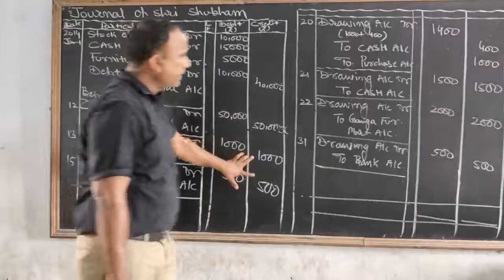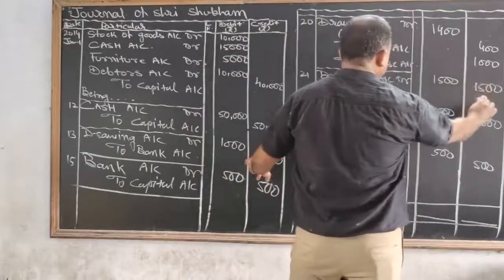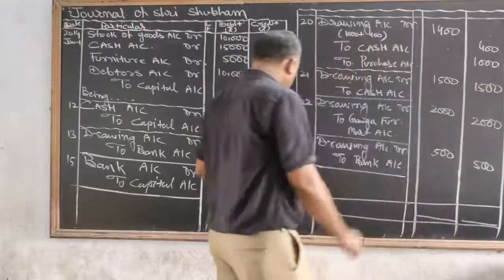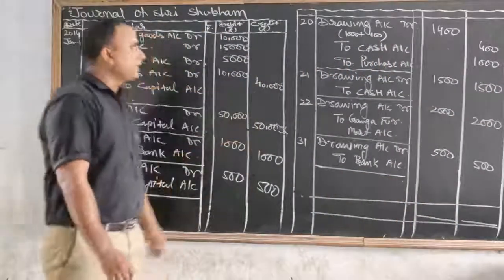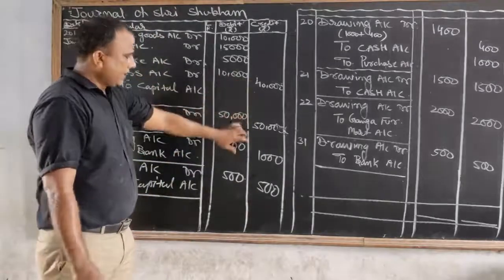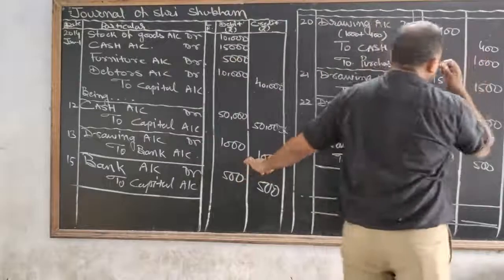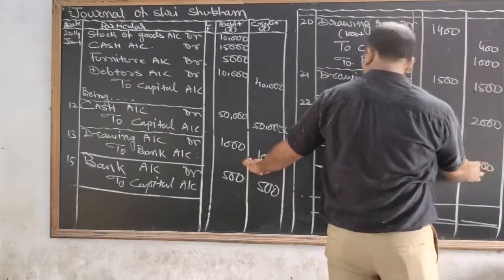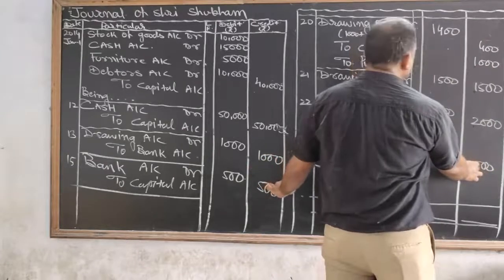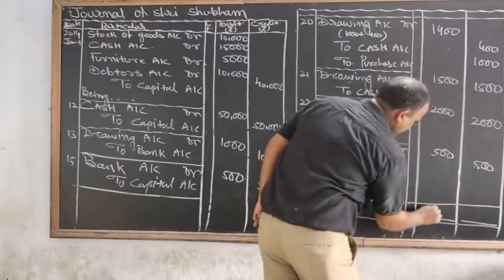Make the total for both sides, दोनों साइड का टोटल कीजिए आप.